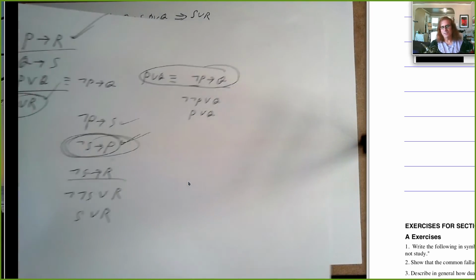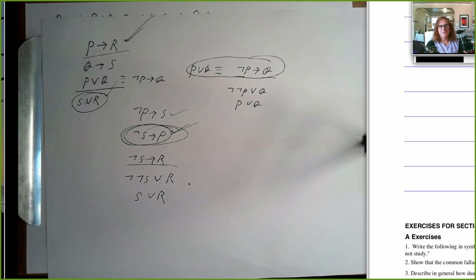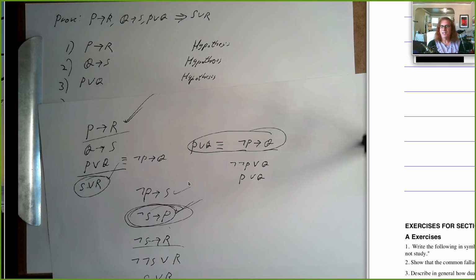You've got to try to use the contrapositive in cases where it works, but also in cases where it doesn't help. Right? You've got to try to use conditional equivalence in cases where it simplifies things, but also in cases where it makes things more complex.